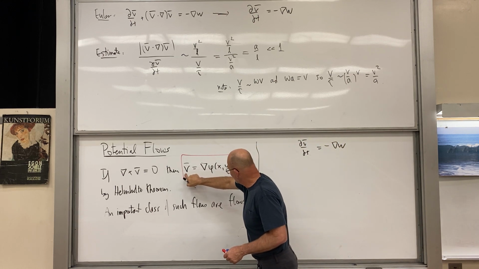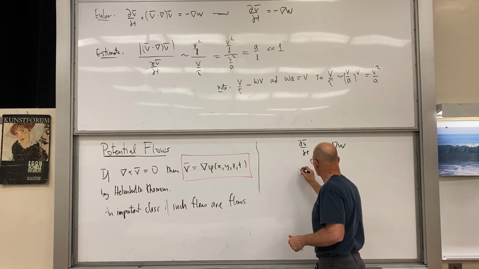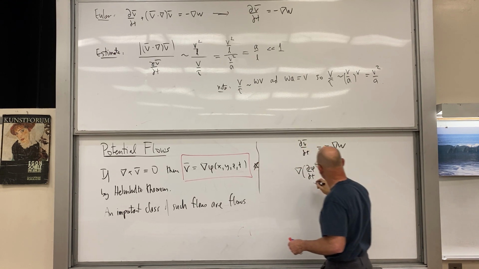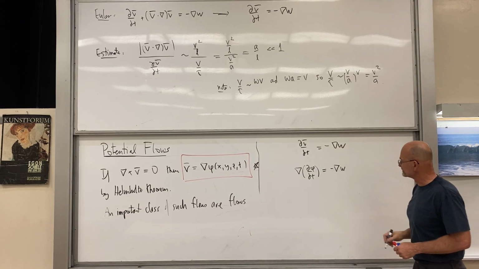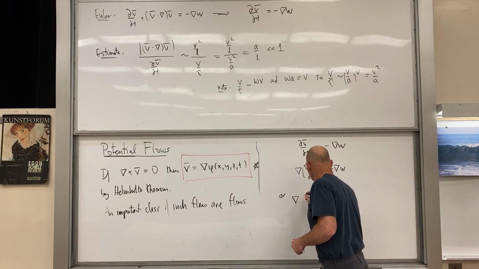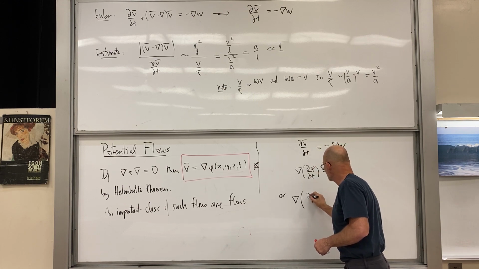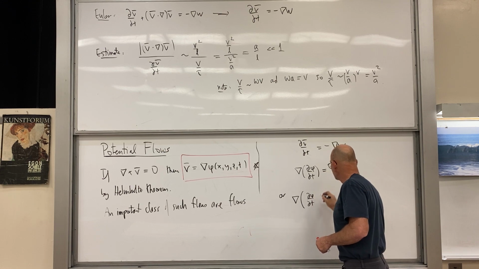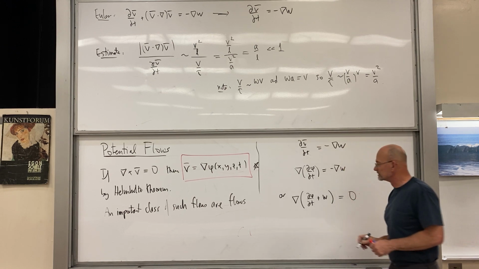So we can just exchange differentiations, and we can say we have gradient of d phi dt, making use of this now, equals minus gradient w, or gradient of d phi dt plus w is equal to 0.